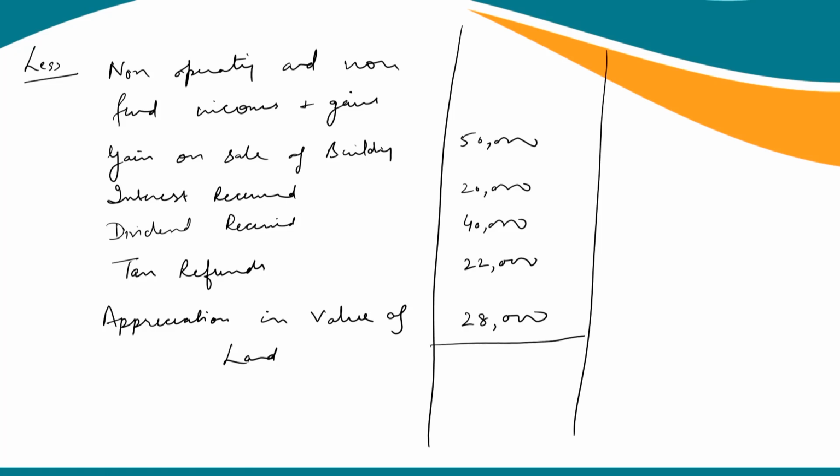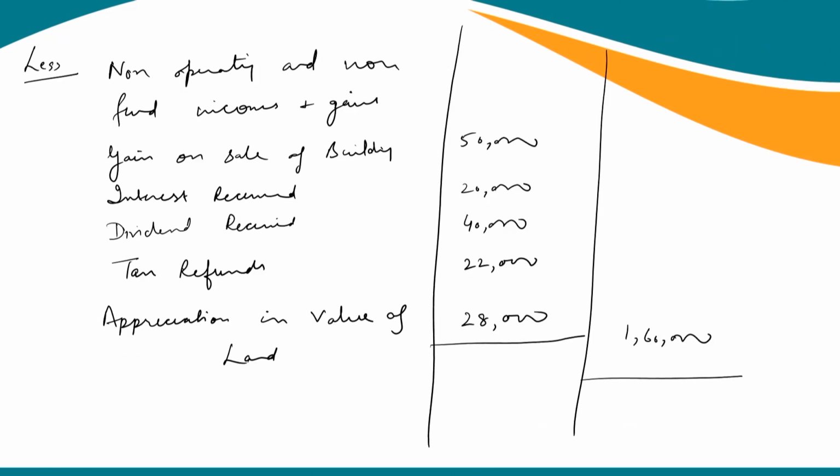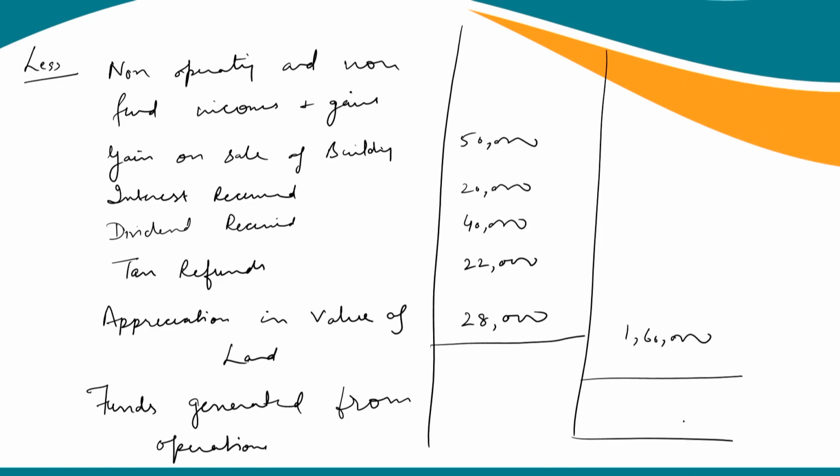So the total of non-operating and non-fund incomes and gains is rupees 1,60,000. After comparing it with 7,55,000 as we have already computed in the last slide, we got the figure of funds generated from operations, the balancing figure of 5,95,000.